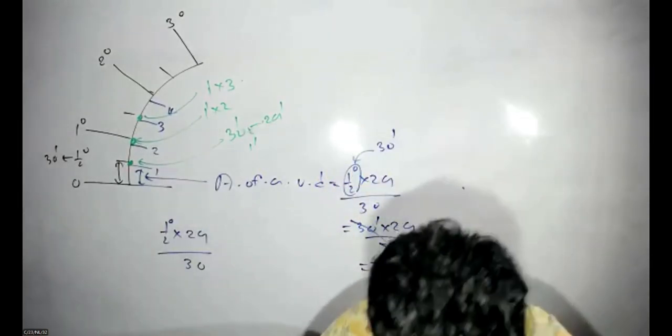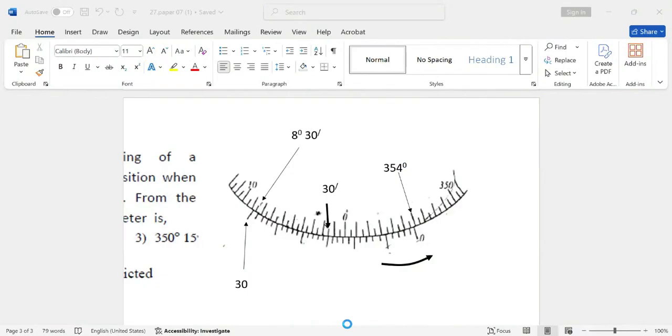Then you can read the given reading. For a vernier scale, to find the reading, you have to find the angle between main scale 0 and vernier 0, right? Here you can get the reading up to 354 by using the main scale. Then you need to find this unknown angle by using the vernier scale.